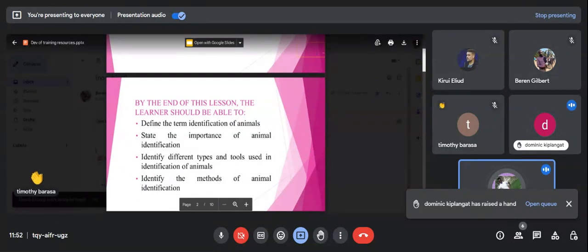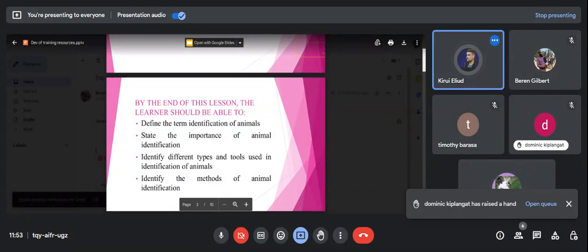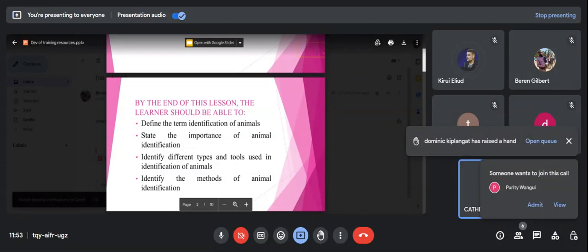So we continue to our last thing that we have learned today. I have discussed 5 types of identification of animals. And as we end our class, each and every person should name one. We start with Eliud. Please state one type of animal identification. Yes, thank you.